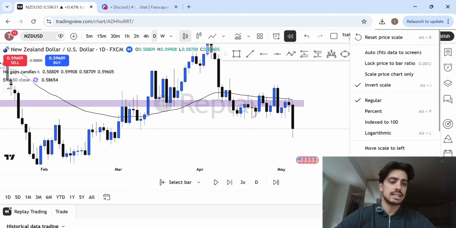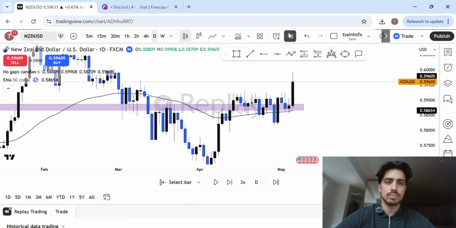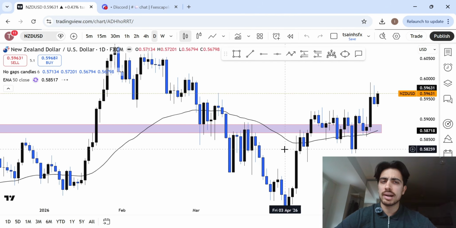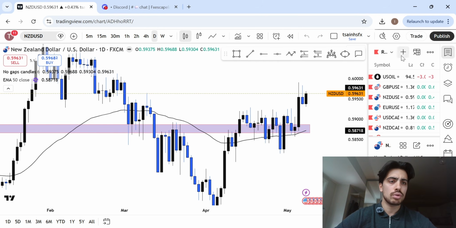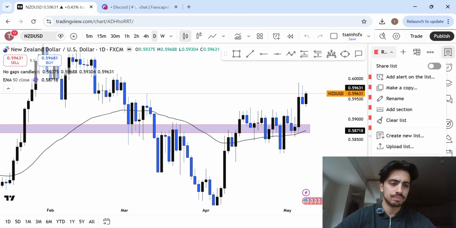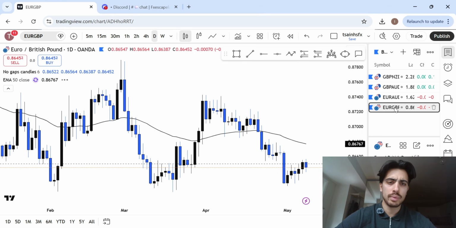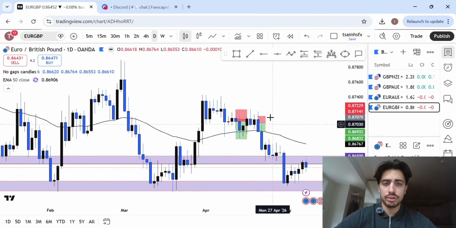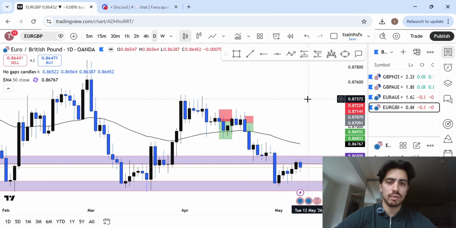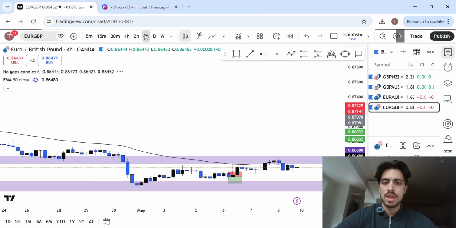Now, as I said, I'm going to give you a quick example of why market trend is so important, based off one trade I took 2 weeks ago or 3 weeks ago. Those two trades made me a lot of profit inside my funded accounts.